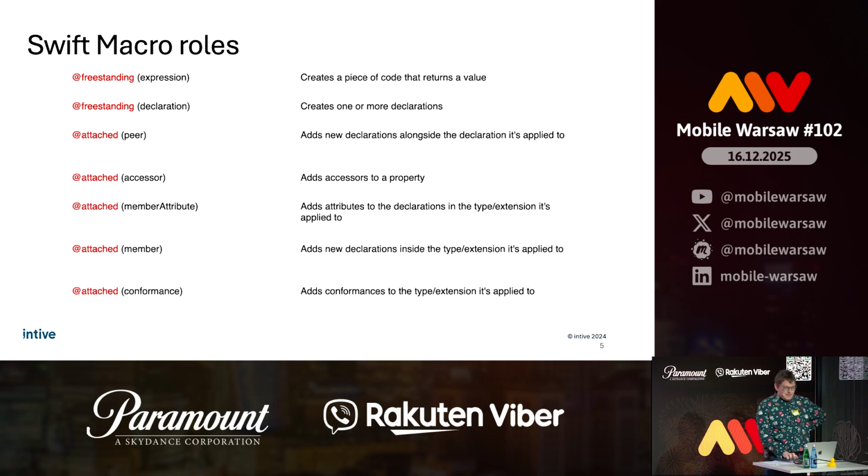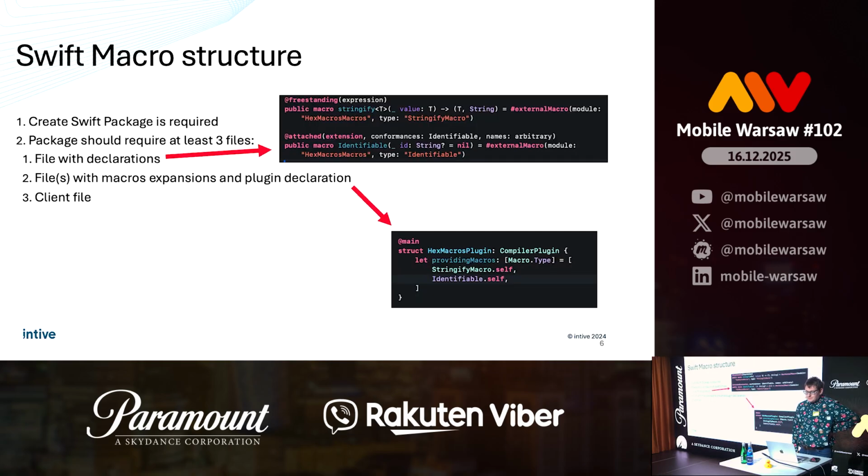Okay, so let's start with Swift macro structure. First, we can't create a macro within a project. We have to create a Swift package, and this package should require at least 3 files. A file with declarations. It looks like headers where we describe types, macro, and the macro's name.